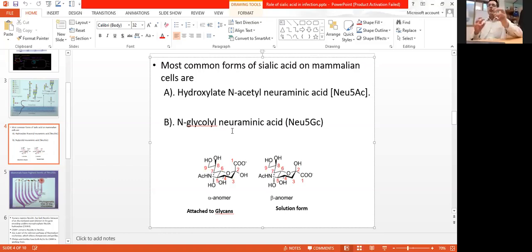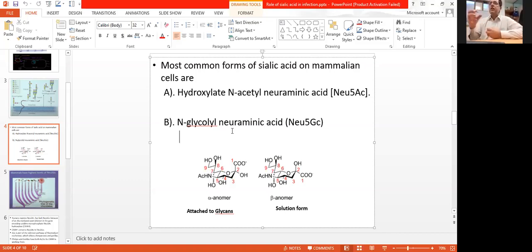So when you add a different type of group to the amino group, it would make a different kind of derivative of the neuraminic acid, or a different type of sialic acid would be found in that case.